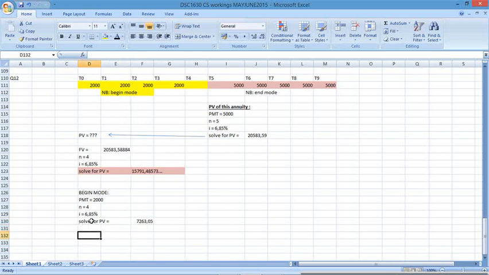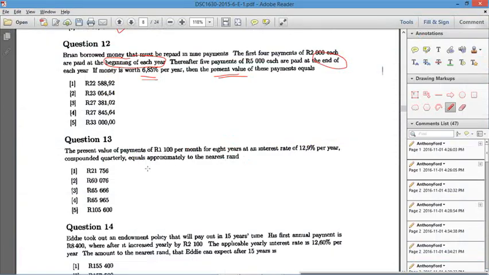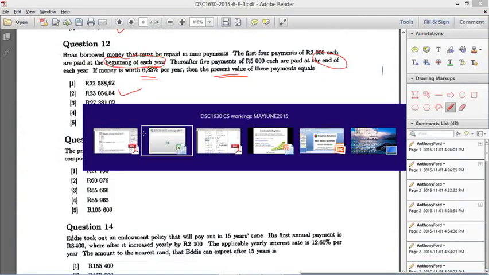So my final answer is going to be the two amounts added together. This plus that gives me that answer. Option number 2.